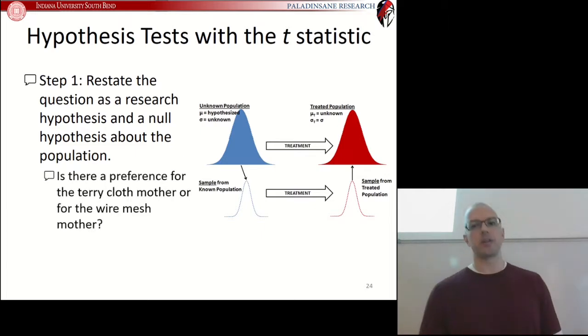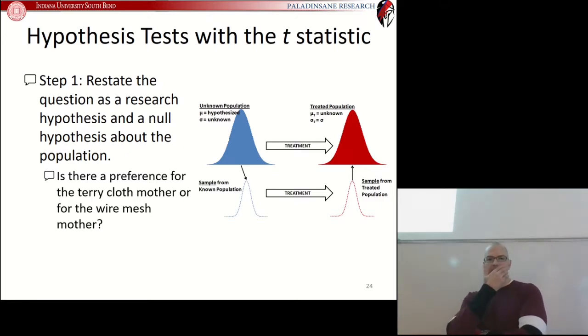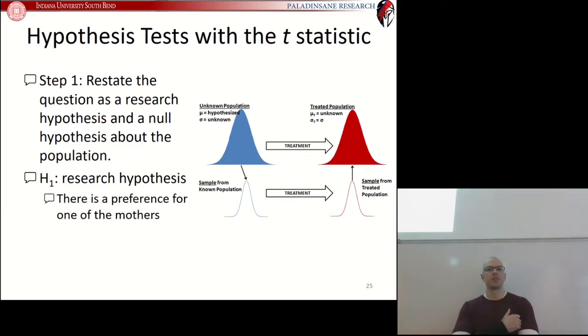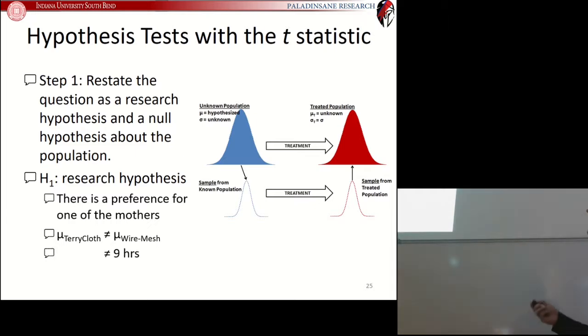So we want to know, is there a preference for the terry cloth mother or for the wire mesh mother? Our research hypothesis is that there is a preference for one of the mothers, which means that the mean time spent with the terry cloth mother does not equal the mean time spent with the wire mesh mother. And because they're spending 18 hours a day with one of the two mothers, that means that the mean time spent with the terry cloth mother does not equal 9 hours.